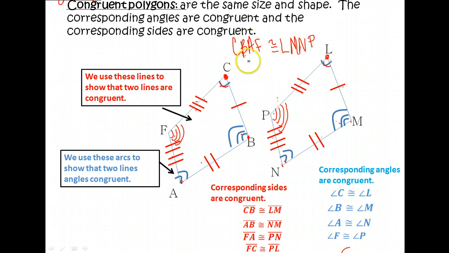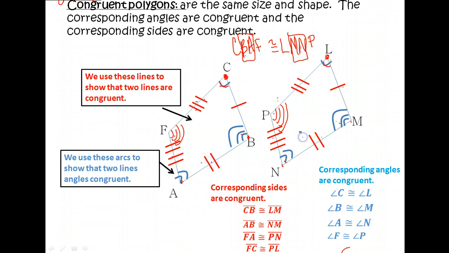This is also a good way, if they just give you the names of two congruent figures, an easy way to match up corresponding angles and sides. For example, if they said BA, what does it correspond to? Well, B and A are the two middle letters here. It should correspond to the two middle letters here, and as you see, it does.